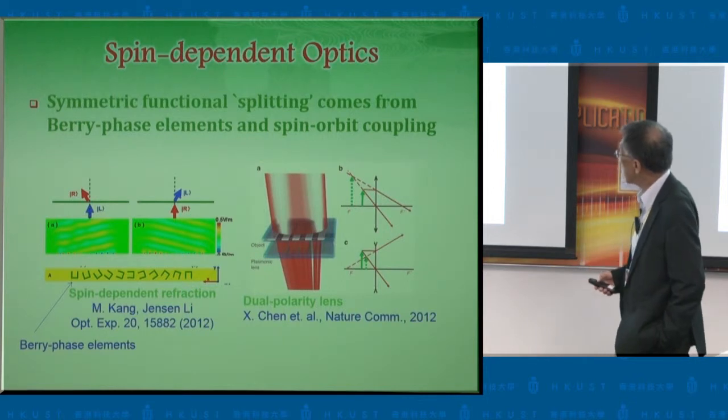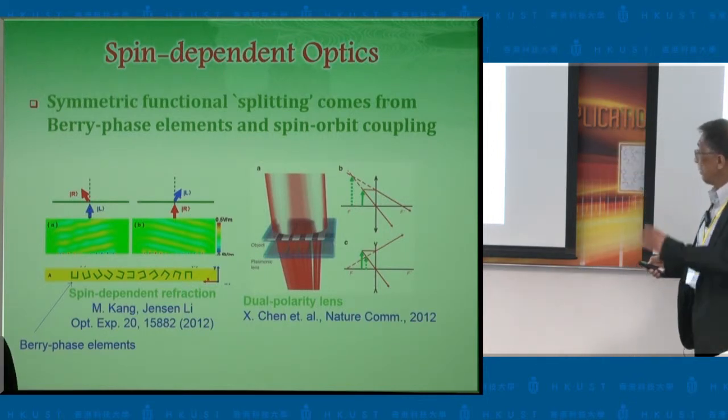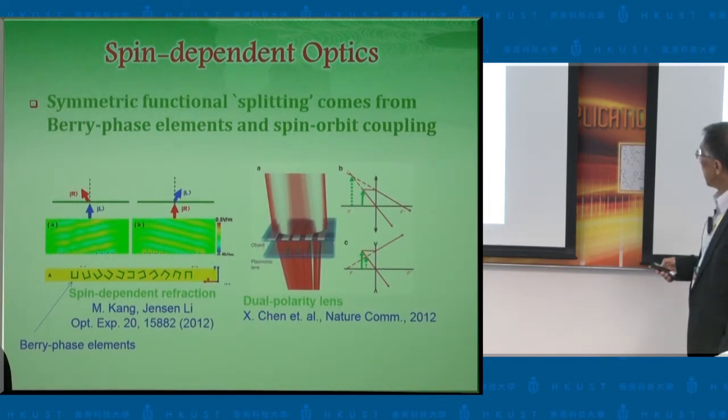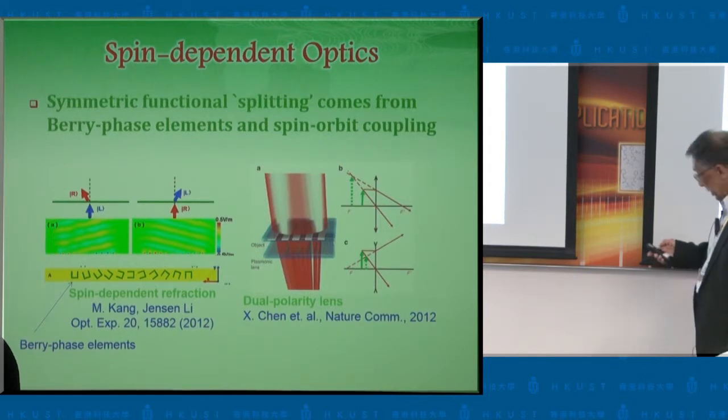So as it's transmitted, you can guide it to turn into right or left-handed polarization. And here you have another one that goes through a plasmonic lens to guide the polarization and tune it.